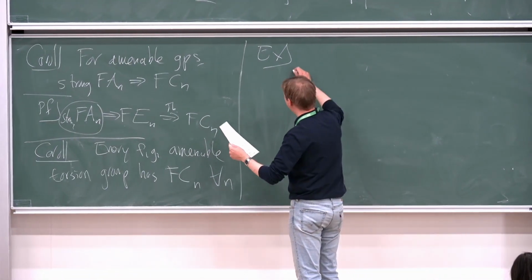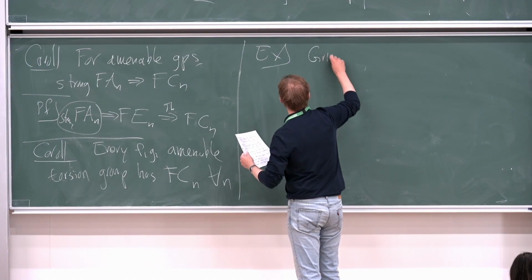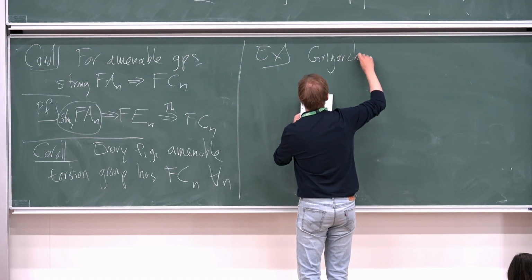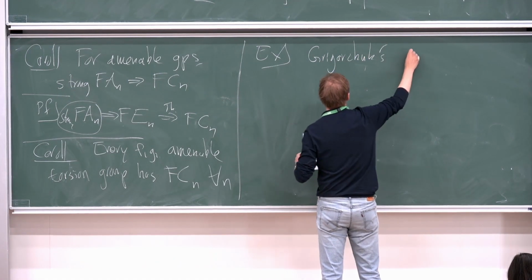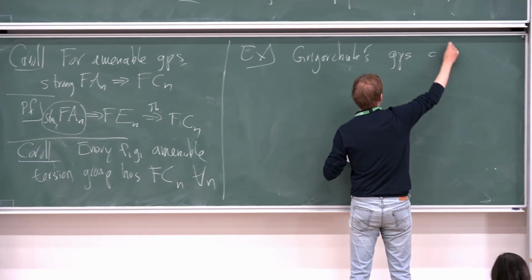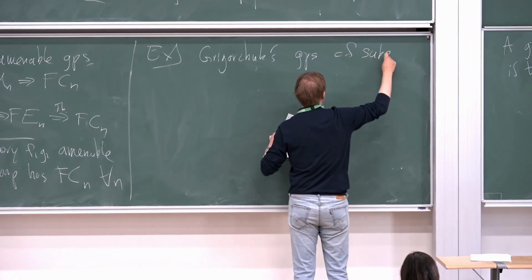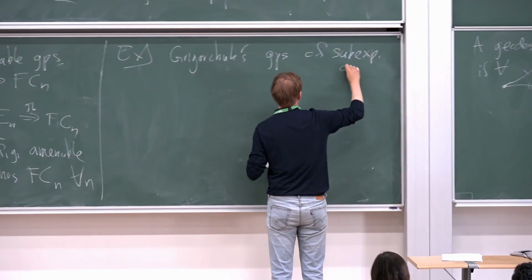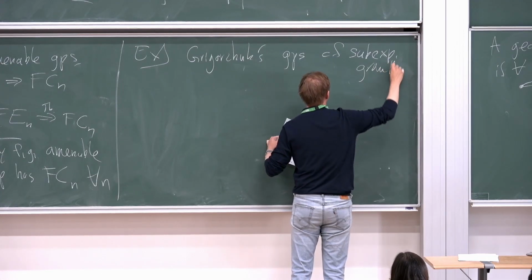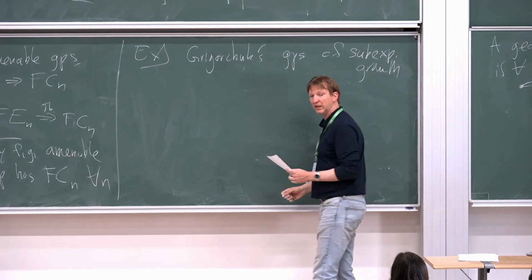So perhaps the most well-known and famous are the Grigorchuk groups of sub-exponential growth. Because they're of sub-exponential growth, they are amenable, and because they are torsion groups by definition.